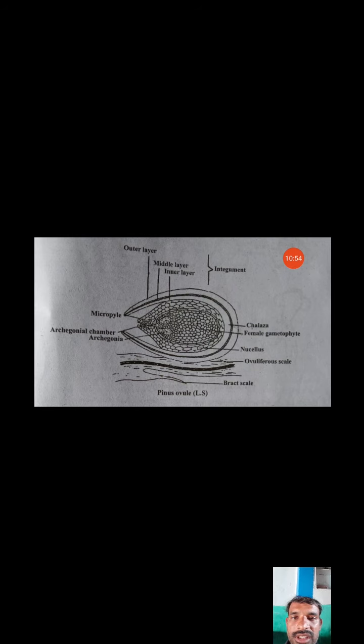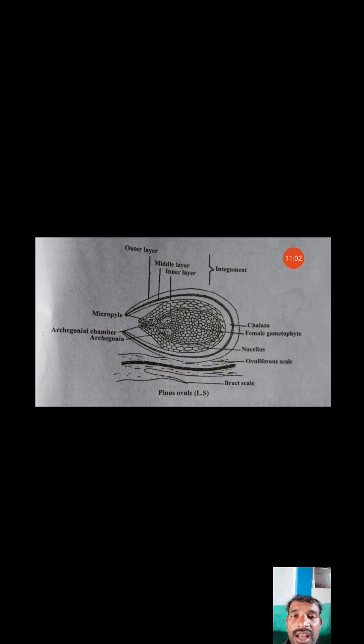The ovule has nucellus tissue made of diploid cells in the center, and the nucellus is covered by three integuments: the outer integument, the middle layer and the inner layer. The micropyle faces the axis of the cone.